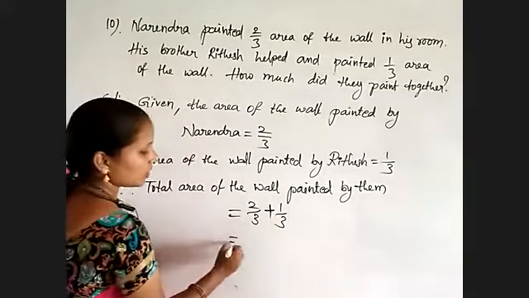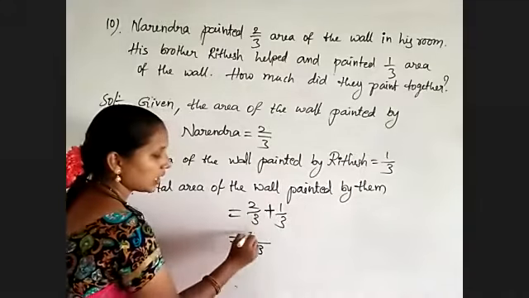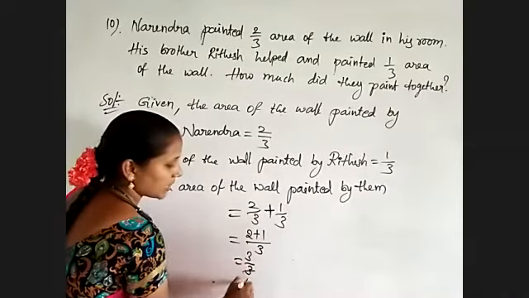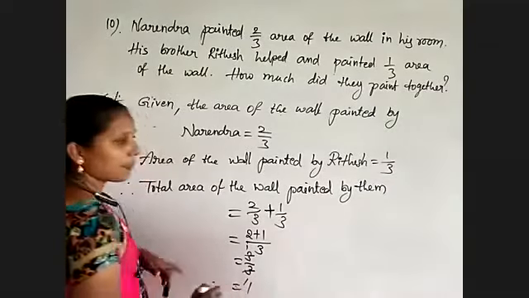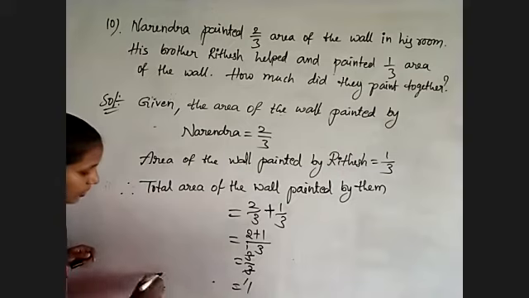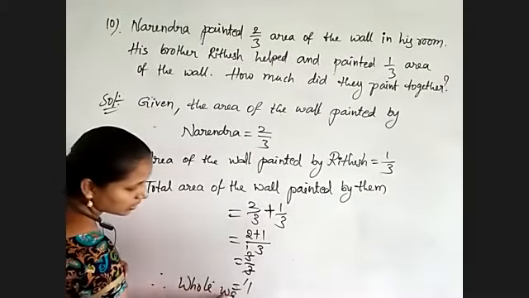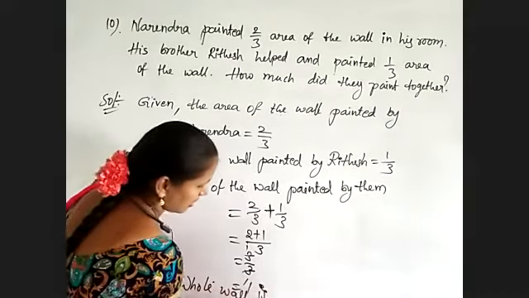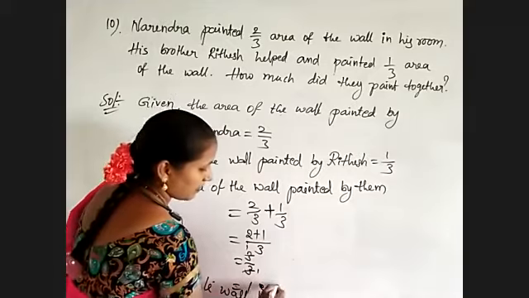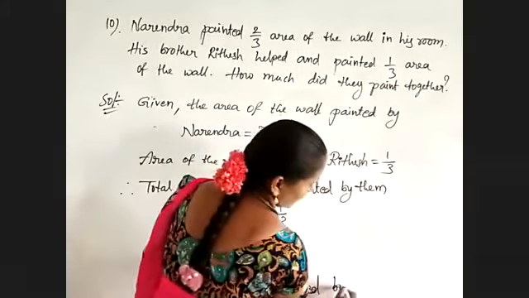Then which will be equal to, both are like fractions, so common denominator is 3, 2 plus 1, which is nothing but 3/3. 3/3 means 1 itself, means the complete wall was painted together. So therefore, the whole wall is painted by both of them.